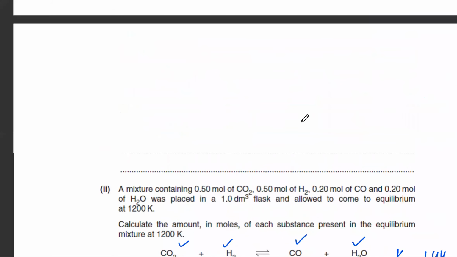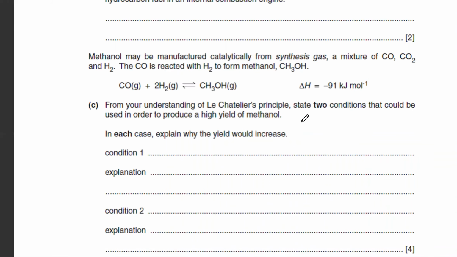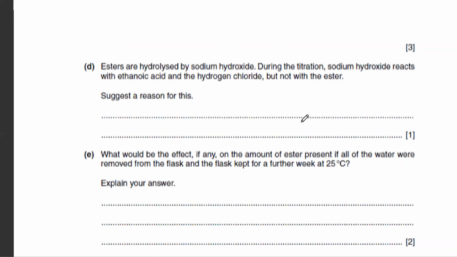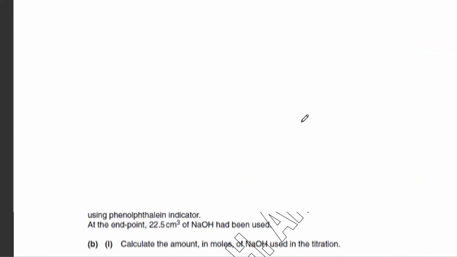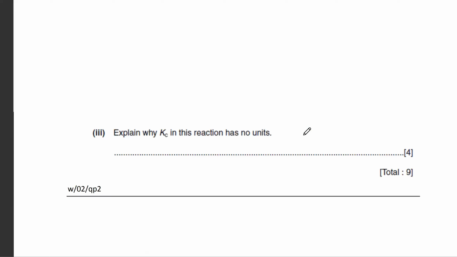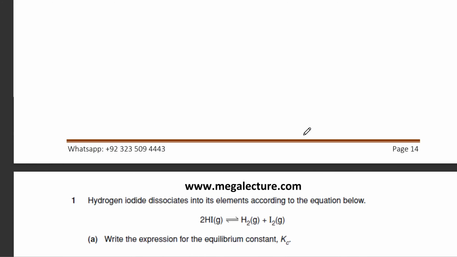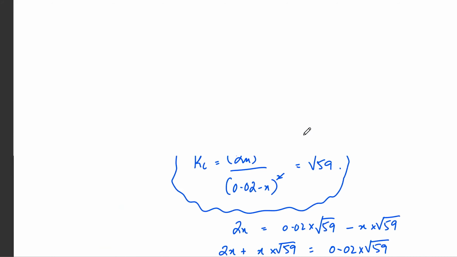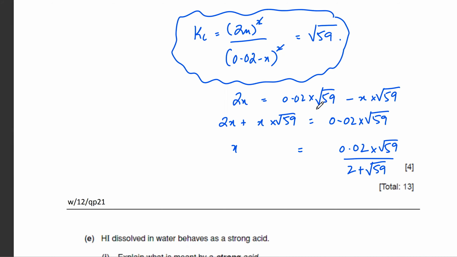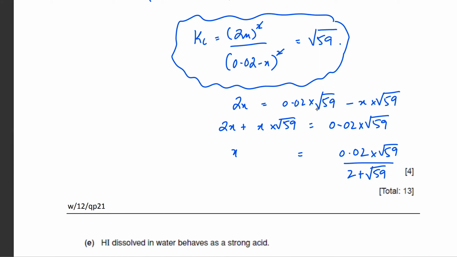ठीक है, वो ऊपर वाला जो पिछला है वो तो सॉल्व कर लिया था. The previous one was ये. तो ये मुझे बता दो कि this is x1 with positive 59 under root.